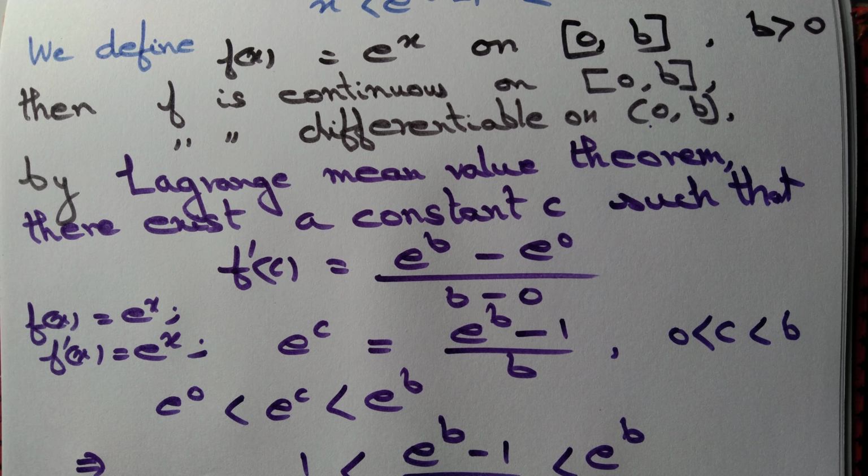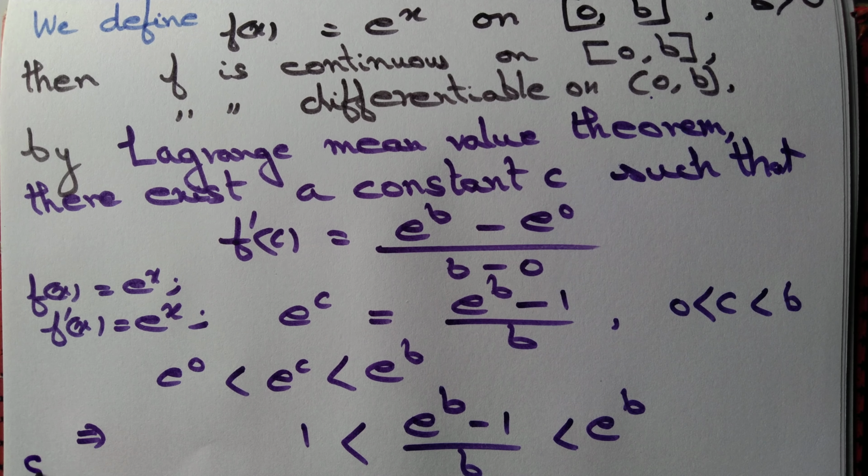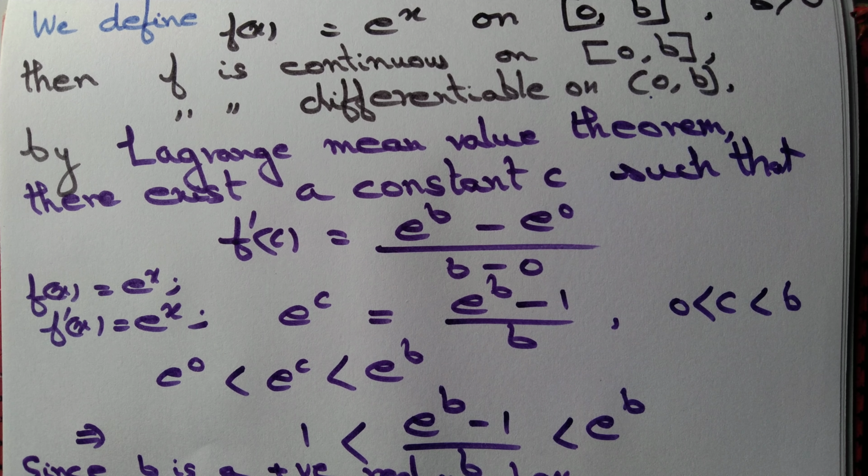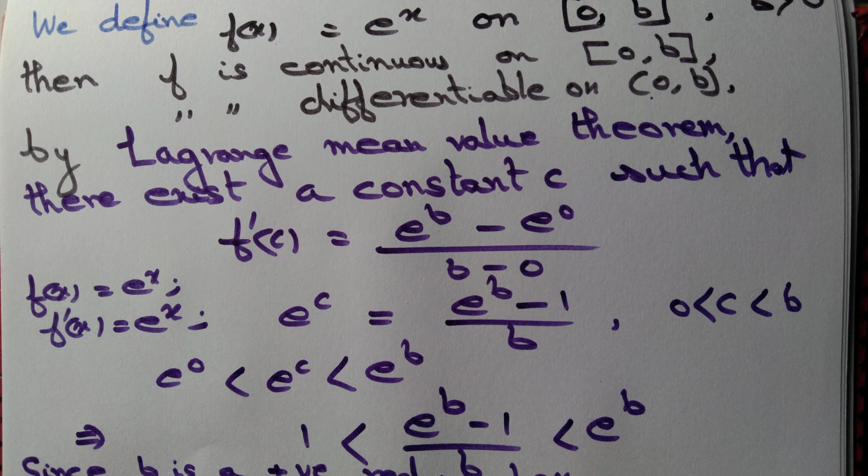Now b is an arbitrary positive real number, so we replace b by x. Since x is a positive real number, 1 is less than (e to the power x minus 1) by x, which is less than e to the power x.